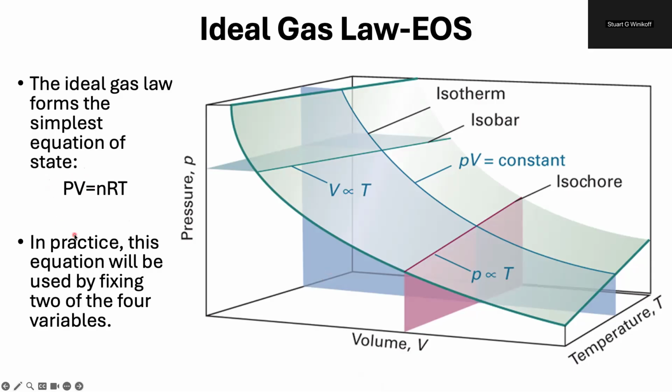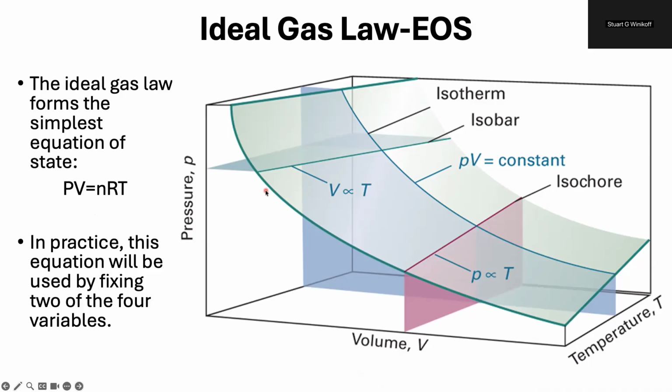This can be relatively easy to do. Most systems have a constant pressure simply because they're exposed to the atmosphere. So if I have a balloon, it's under a constant 1 atmosphere of pressure. And when I do this, that leaves my only variables as volume and temperature, and these are going to have a direct relationship.